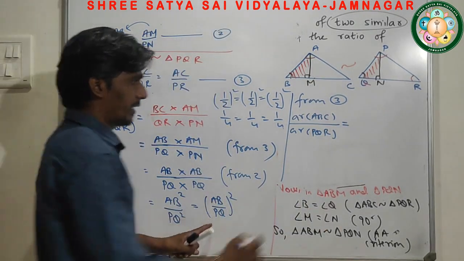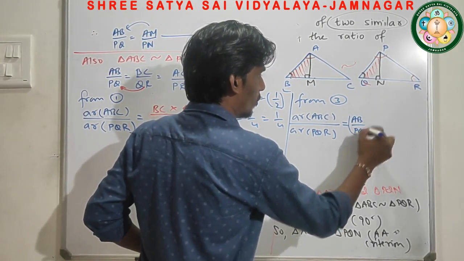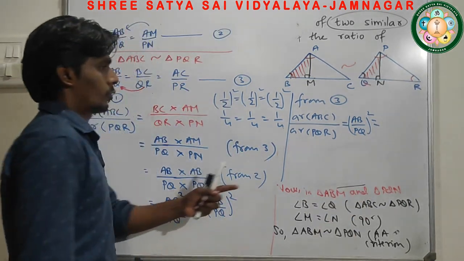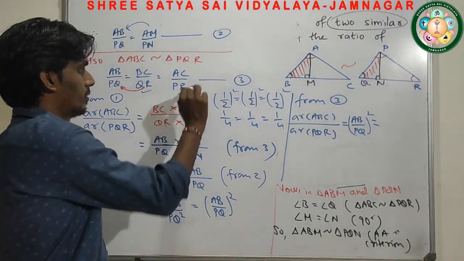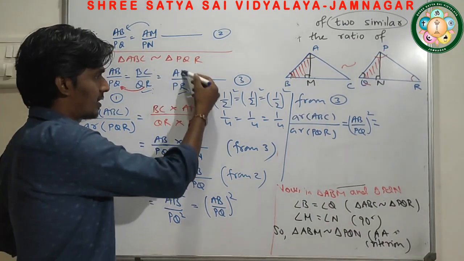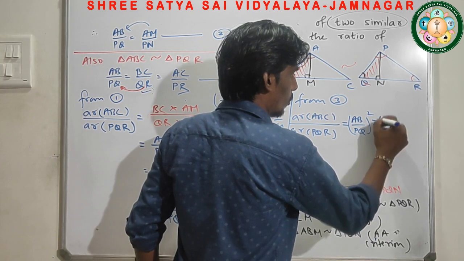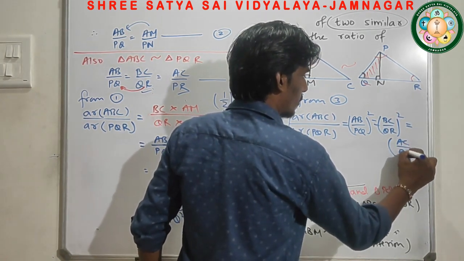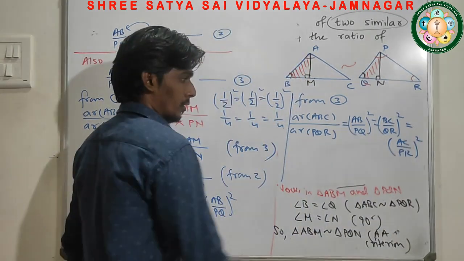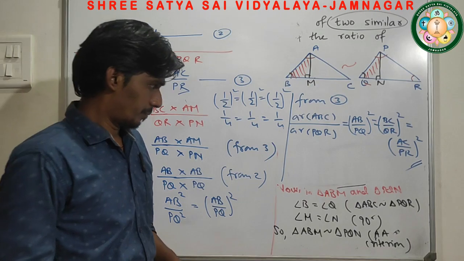What we already proved here, AB upon PQ whole square, we proved. So if we prove this one is equal, then definitely BC upon QR and AC upon PR are also equal. BC upon QR is equal to AC upon PR whole square. So this is the way we can prove theorem 6.6.